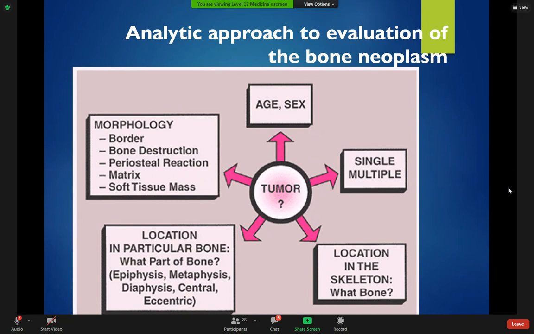If you see a lesion in the bone on the X-ray, you have to look at multiple things. We will go into details because it's very important and will tell us whether this tumor or lesion most likely is malignant or benign, and will help us to identify and treat the condition.